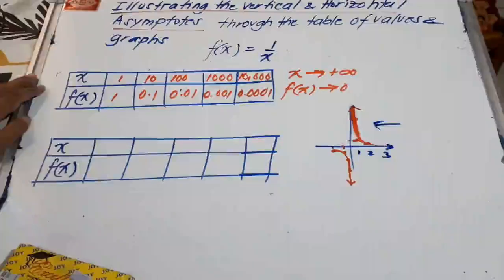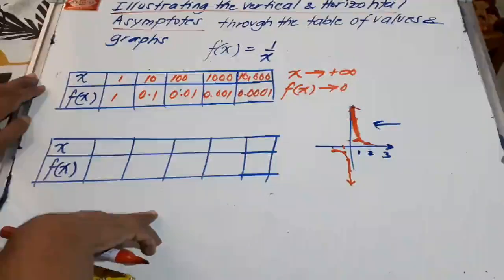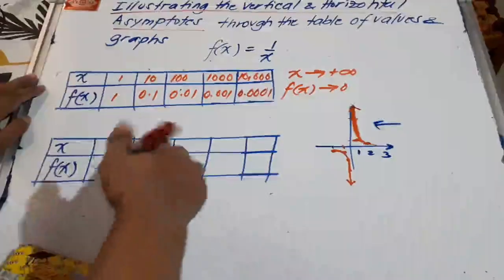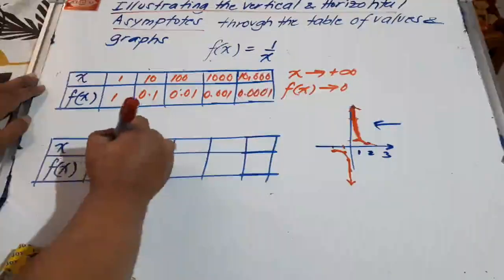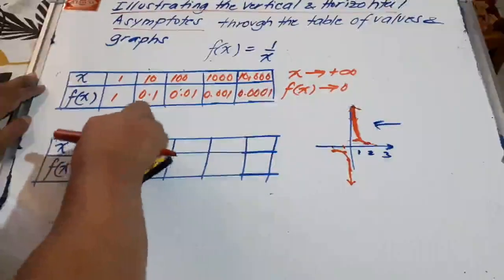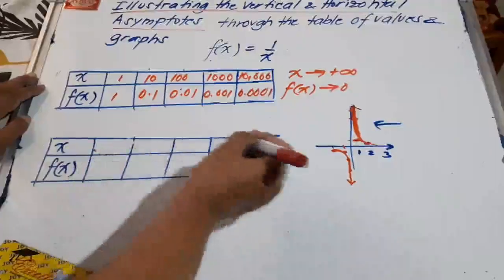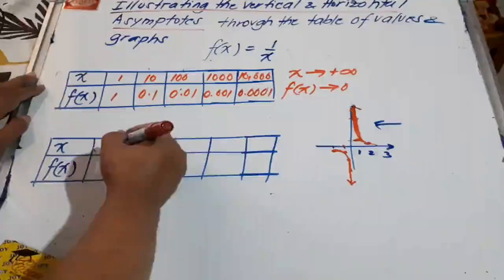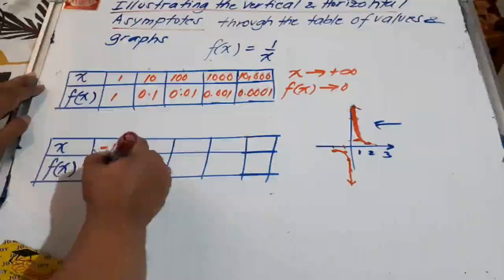How about this one? Let's say this is yung negative values of x naman. So we have, let's start with negative 1, sa kaliwa naman ng 0. Negative 1. This is negative 1 also.